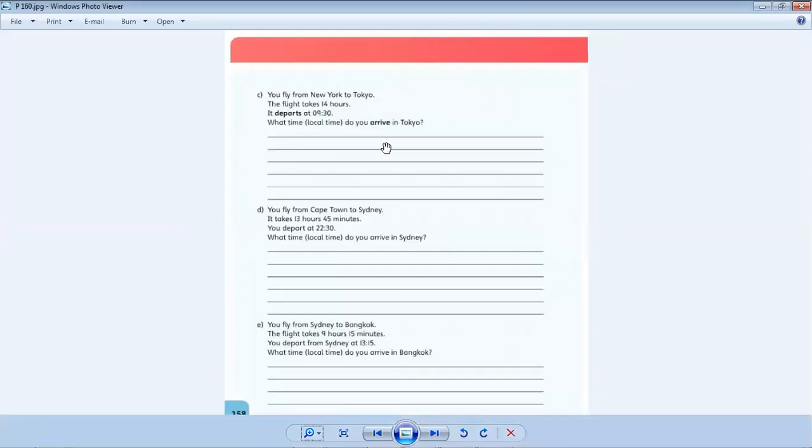What time do you arrive in Tokyo? 9:30 plus, because it's earlier than us, that's why plus 14, and you can find the result, what time you arrive. Okay, just read these questions and try to answer yourself, and this lesson will finish with this one.